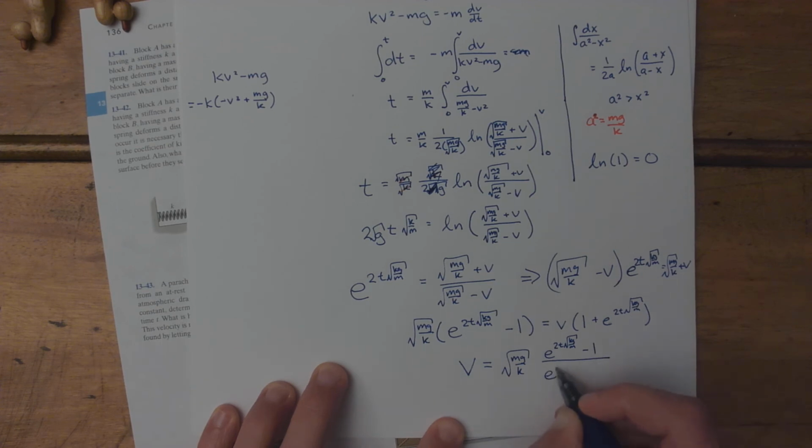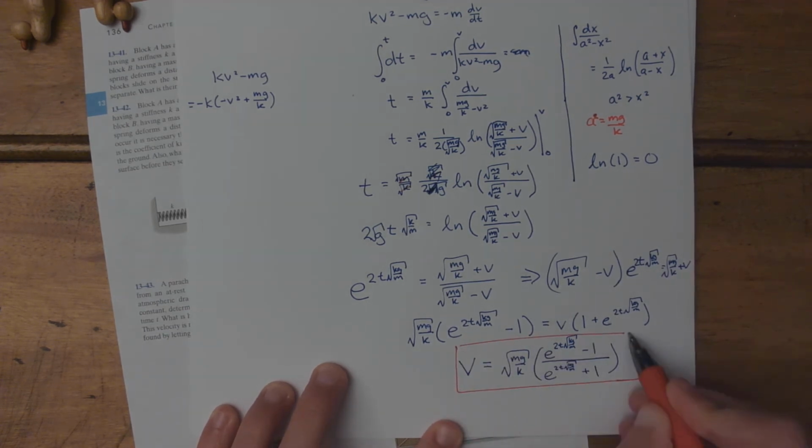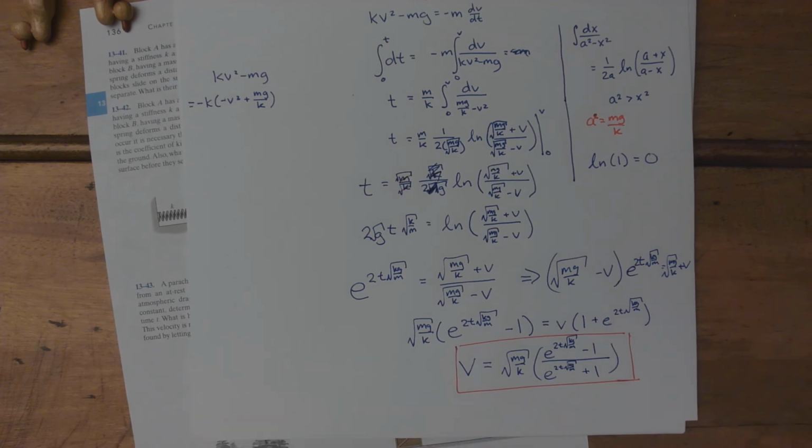To make it look a little nicer, we're going to say e to the 2t square root of kg over m minus 1, over e to the 2t square root of kg over m plus 1. Whew. That is the velocity as a function of time, which is not the same as the answer that they give you in the back of the book, but it is correct. So you can check the answer in the back of the book.